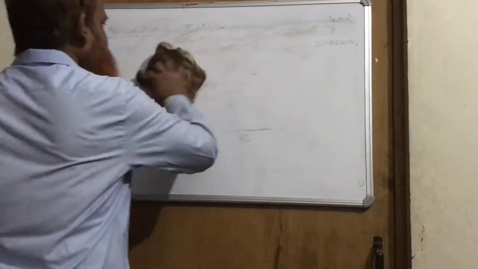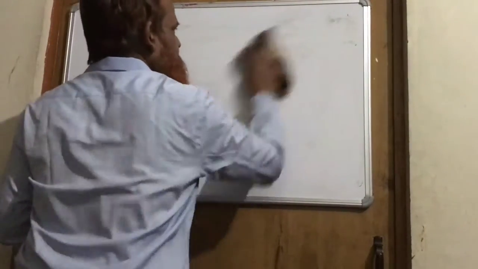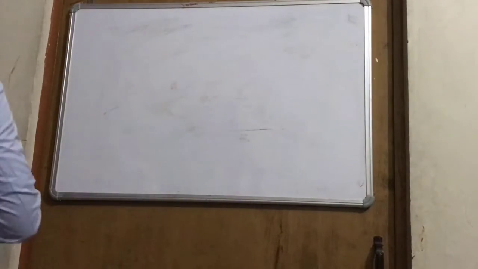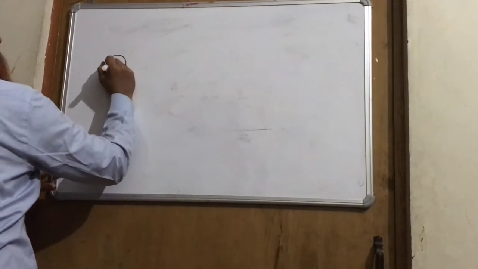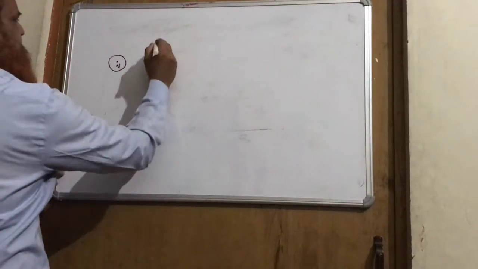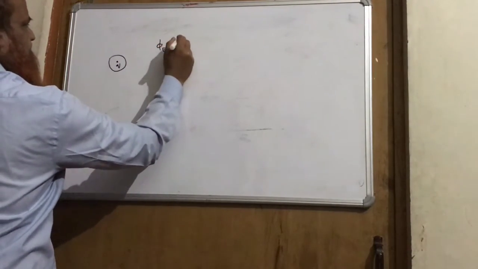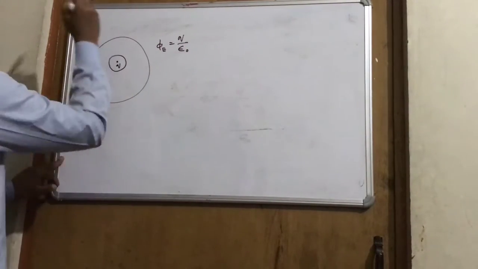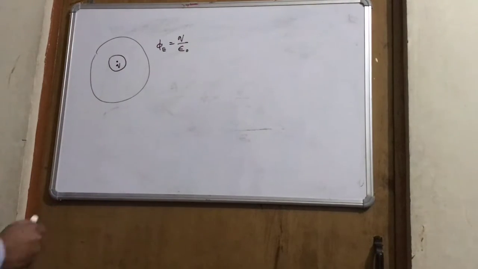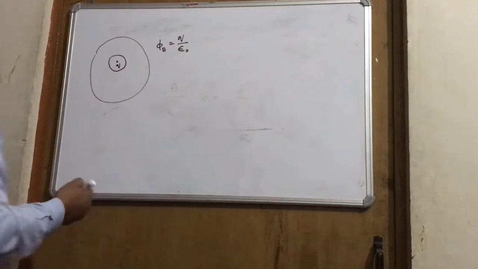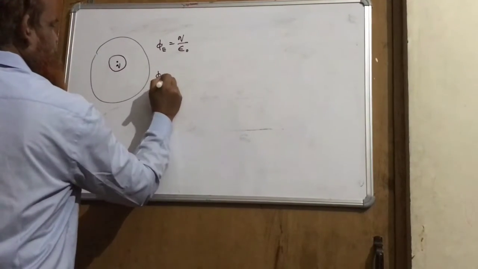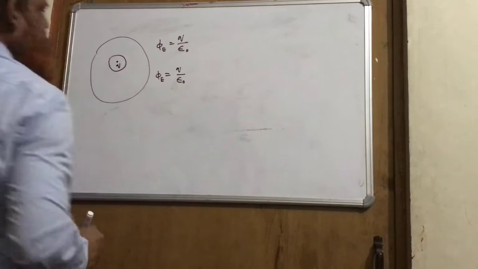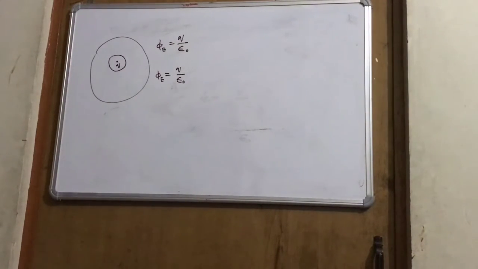If we increase the area of the surface: suppose this is a surface, Q charge is here, then the flux is Q by epsilon naught. If we increase the area, the charge inside the surface is still Q, so the flux is still Q by epsilon naught. Increasing the area has no effect on the flux.